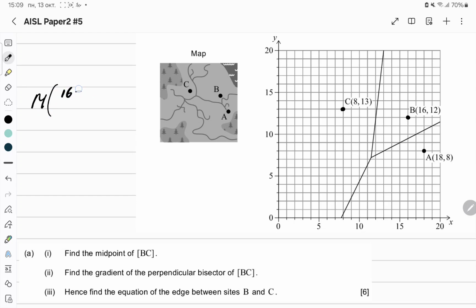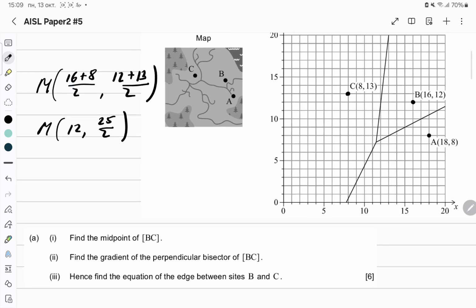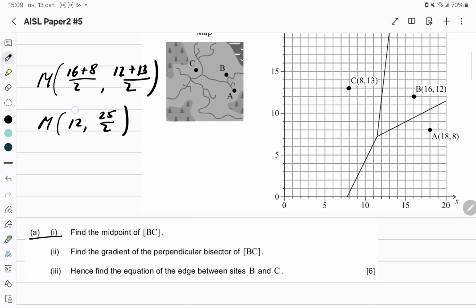So 16 plus 8 divided by 2 and 12 plus 13 divided by 2. So after simplification, 24 over 2 is 12, and it's 25 over 2. Okay, so this part A1 is finished.